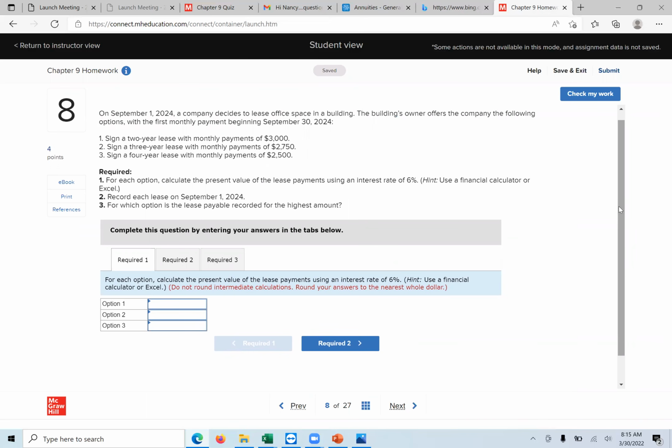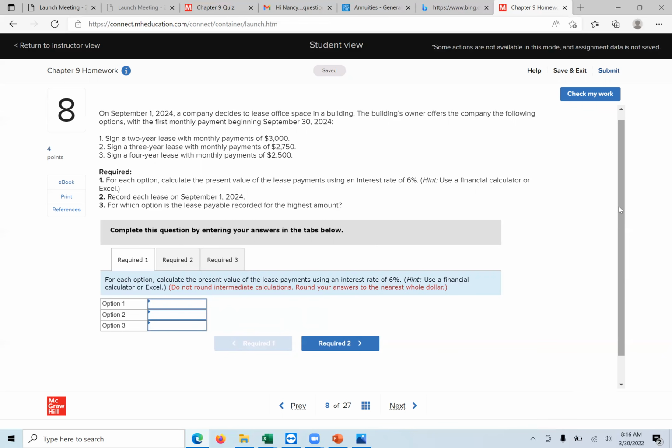So it says here, on September 1st, 2024, a company decides to lease office space in a building. The building's owner offers the company the following options, with the first monthly payment beginning on September 30th, 2024.